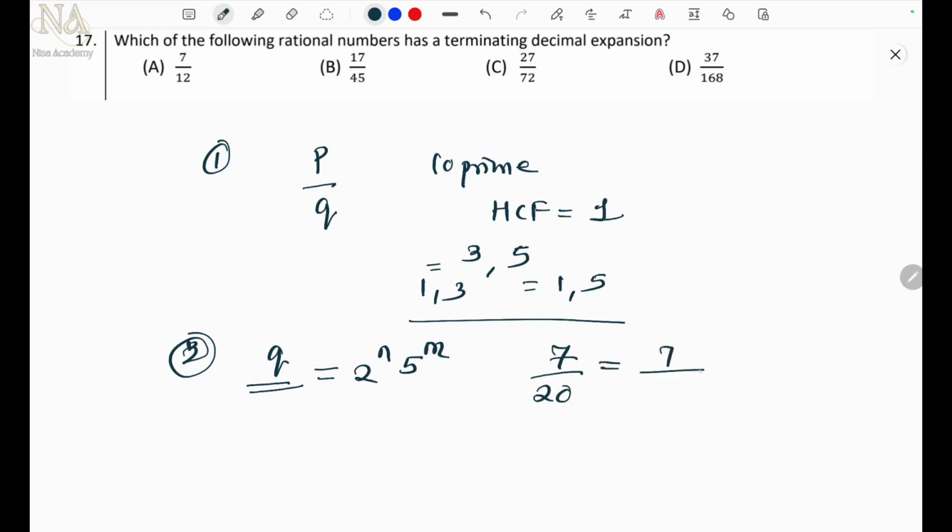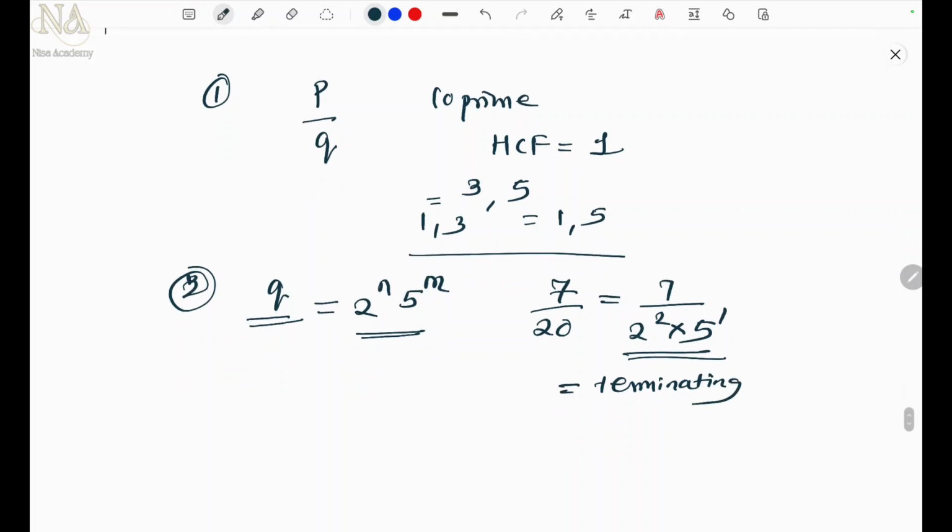Can I write this as 7 upon 2 square into 5 raised to 1? The denominator is in the form 2 raised to n into 5 raised to m, so I don't have to do the actual division. Just by looking at 7 by 20, I can say that yes, it has a terminating decimal expansion.